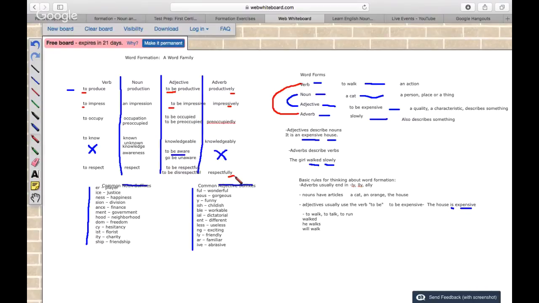Okay, so now that you have this information, what do you do next? Well, I like to use First Certificate exam or the Cambridge Advanced Exam exercises. And the specific exercise is called word formation.